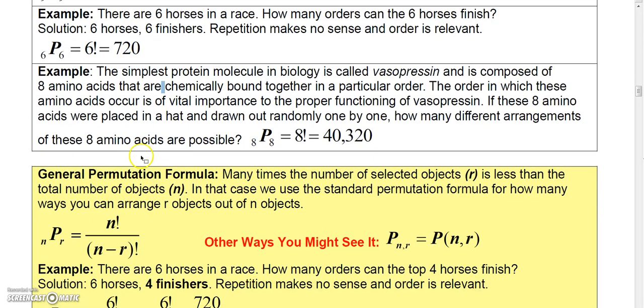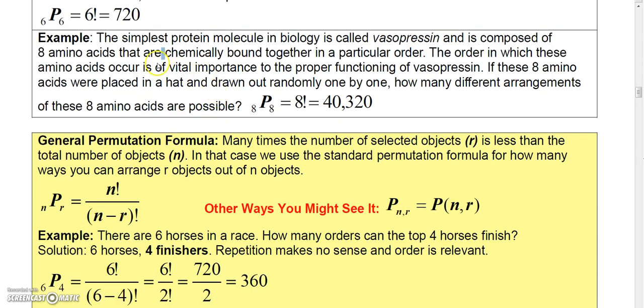Then if you go back to the amino acid problem, this is a little bit more detailed. It says a protein molecule in biology called vasopressin is the simplest protein and is composed of 8 amino acids that are chemically bound together in particular order. The order in which these amino acids occur is of vital importance to the proper functioning of vasopressin. If these 8 amino acids were placed in a hat and drawn out randomly one by one, how many different arrangements of these 8 amino acids are possible?